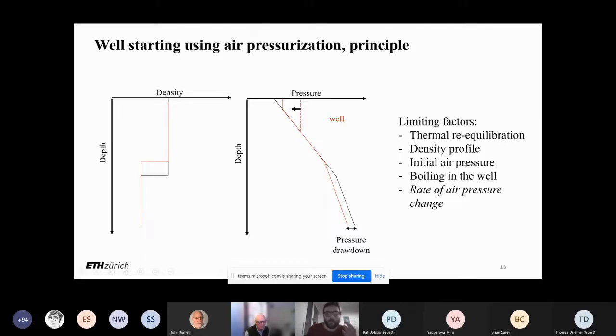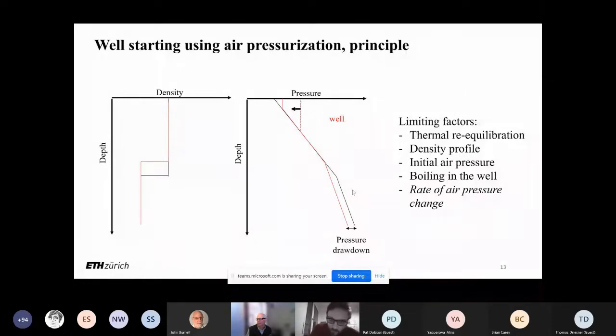And so what you might want to do, depending on the particular configuration, is to have maybe higher air pressure so that you can draw fluids from a lower zone, and you have more time to create this pressure drawdown.